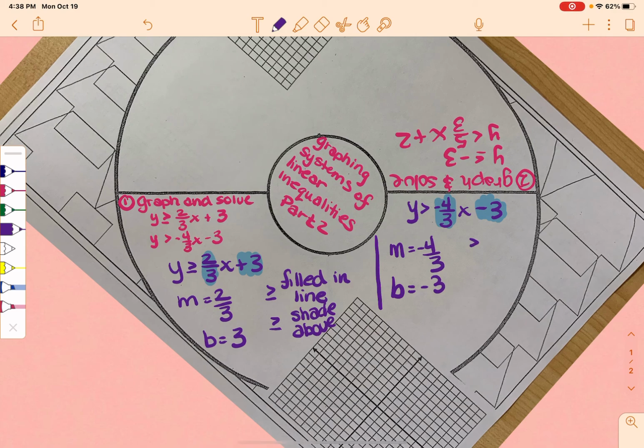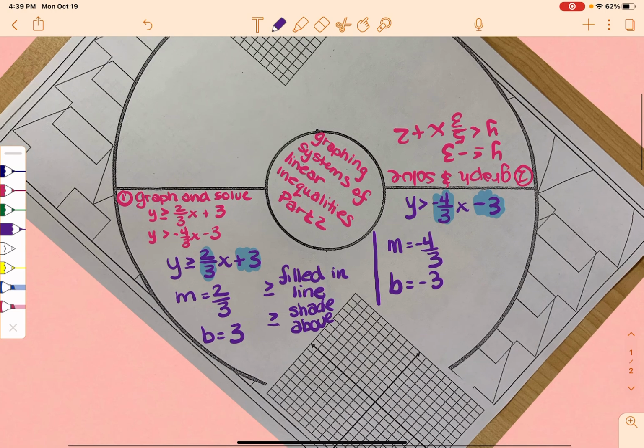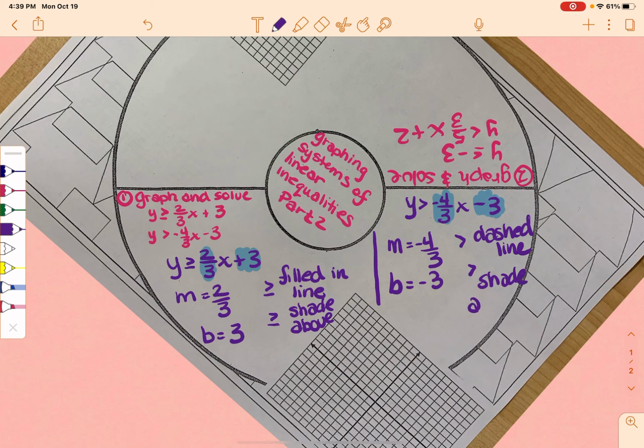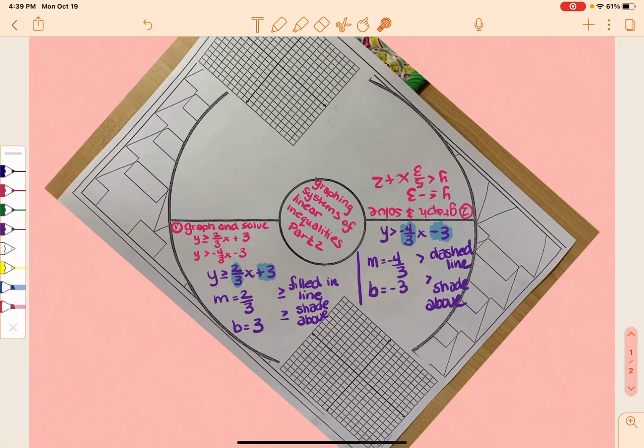If I look at these inequalities, oops, might help if I made the inequality that was there, huh? If that's my inequality, that means I'm going to have a dashed line and I'm going to shade above. So now I'm going to take both pieces of information here and I'm going to graph them on the same graph.